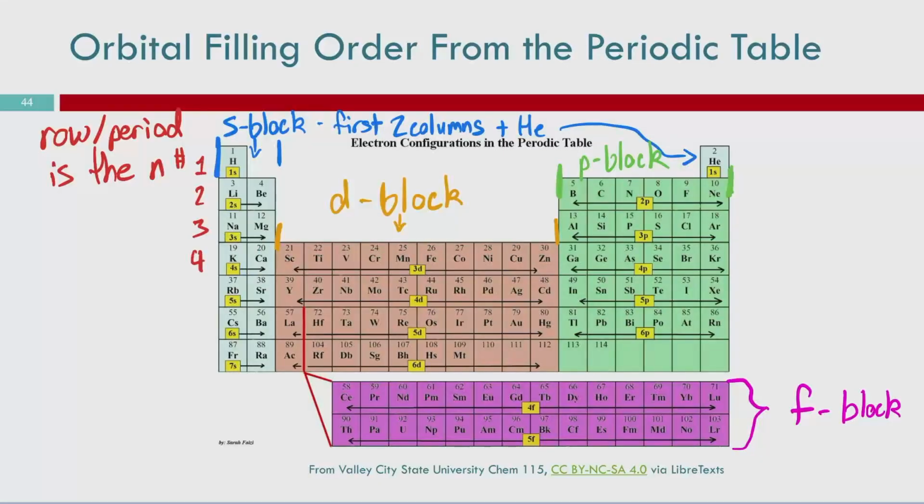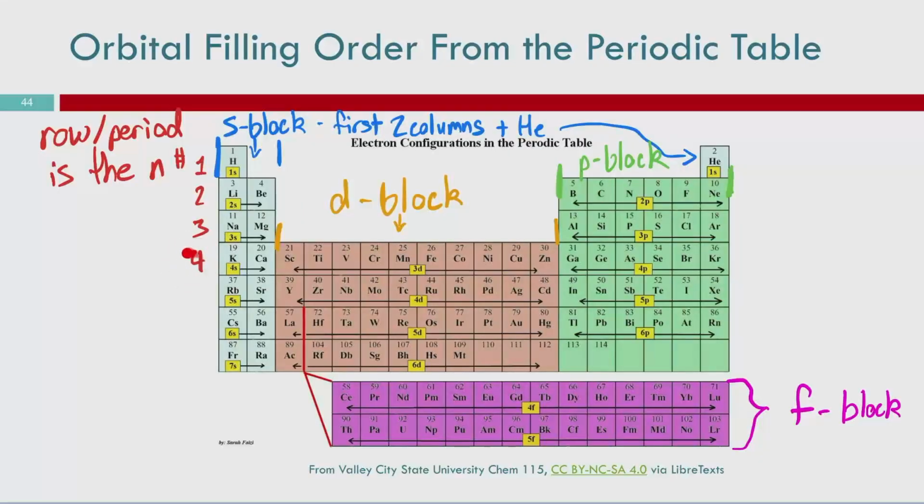What is the n number that our d orbitals show up for the first time? The options are 1, 2, 3, or 4. It's 3. n equals 3 for our first d block.